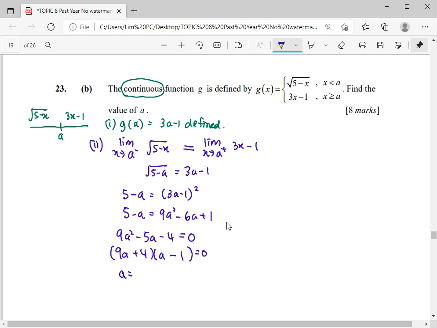So we get two answers. As you remember, in a radical equation, we have to check our answer. We have to check whether the left hand side equals the right hand side. Okay, so this is our concept in topic 2. So we have to check where a equals negative 4 over 9. So is our equation here fulfilled? So we check.